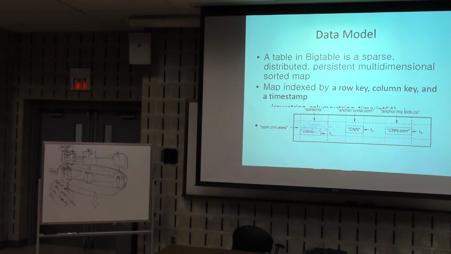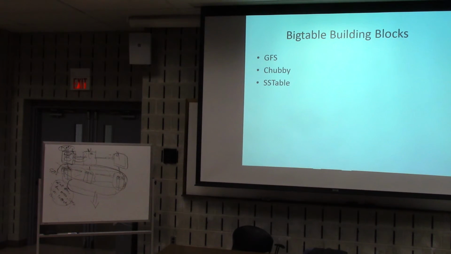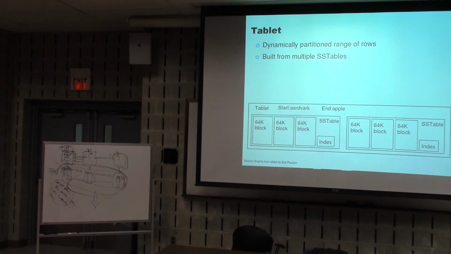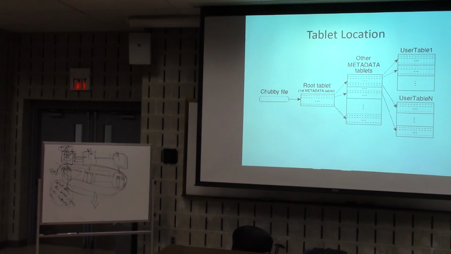Then when you access the data, you need to specify the row key, column key, column name, and the timestamp version name. We will see details about the structure in the HBase lecture.